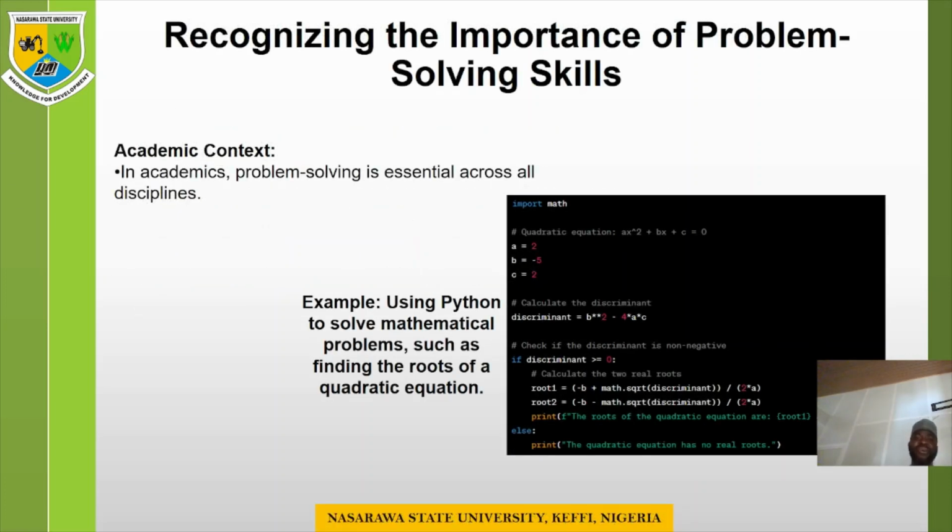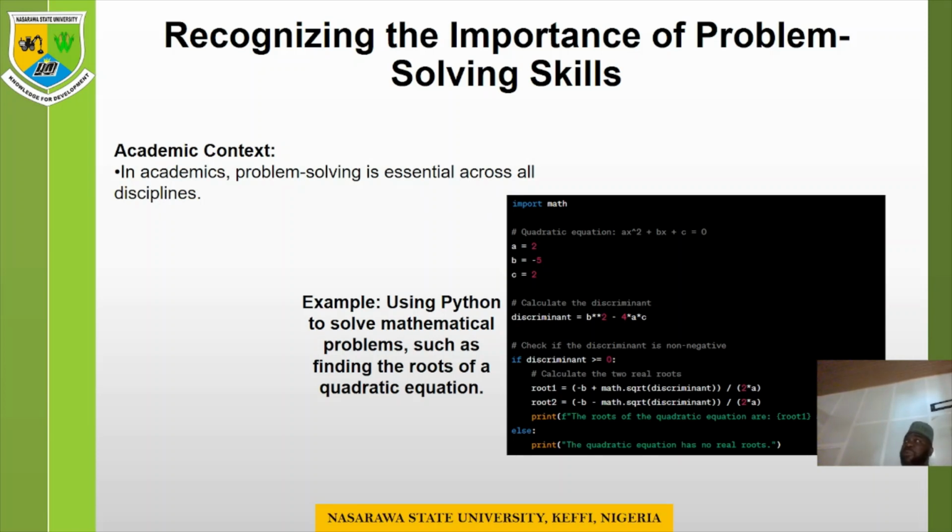Okay, let's look at recognizing the importance of problem solving in the context of academics. In computer science, we're using Python to demonstrate the solution to the problem being envisaged here. So we're looking at a Python program to solve a mathematical problem, such as finding the roots of quadratic equations.